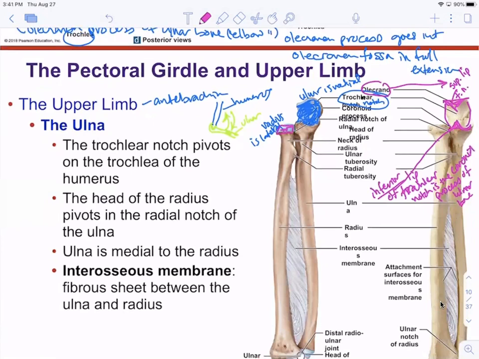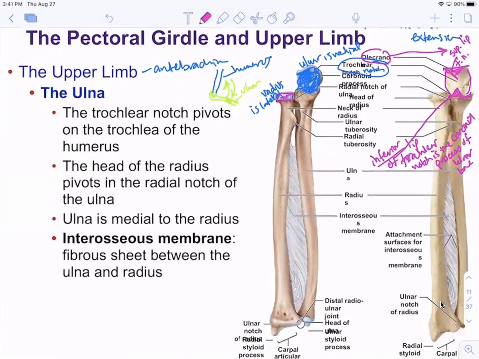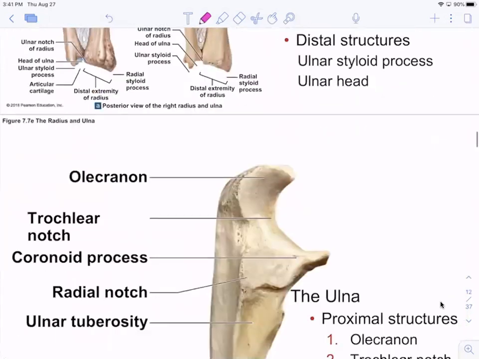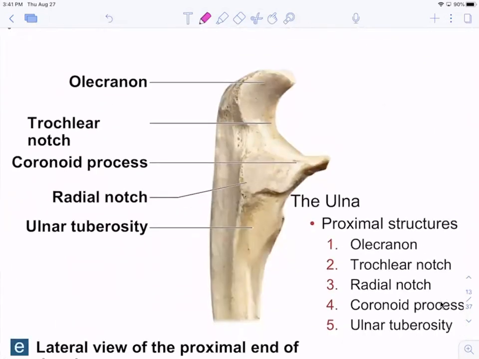So besides the olecranon process, the trochlear notch, and the coronoid process, you have a few other things here on the ulnar bone. And I'm trying to see, oh, here we go. So this is a great picture because it's showing you upper lip and lower lip.